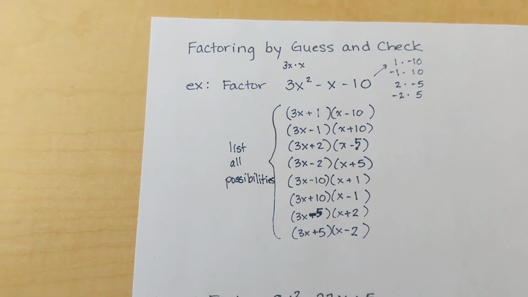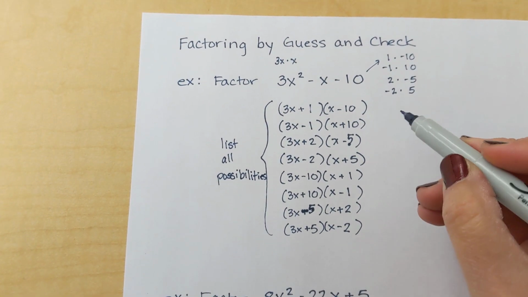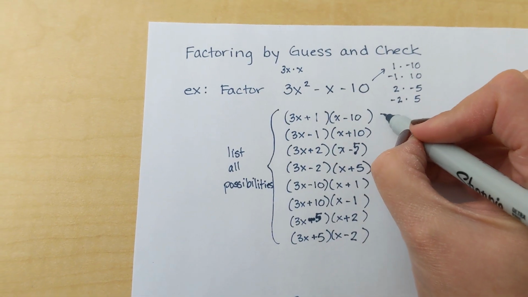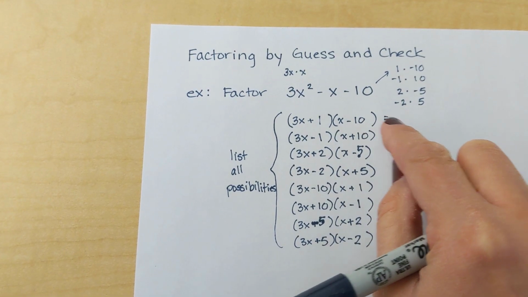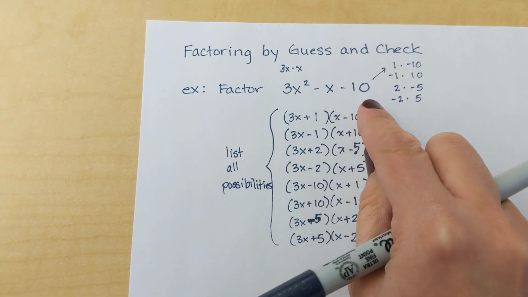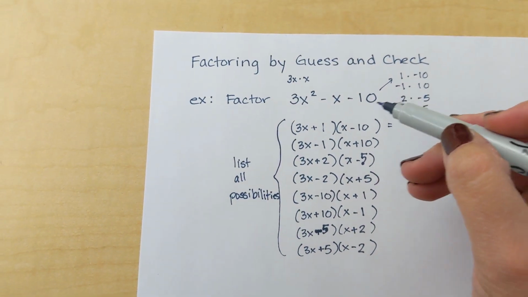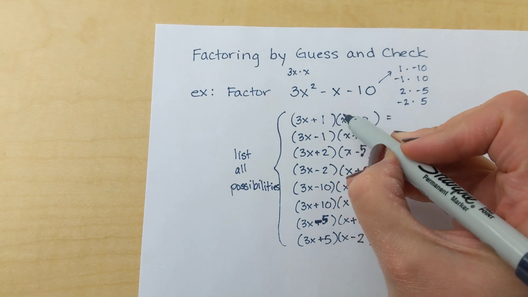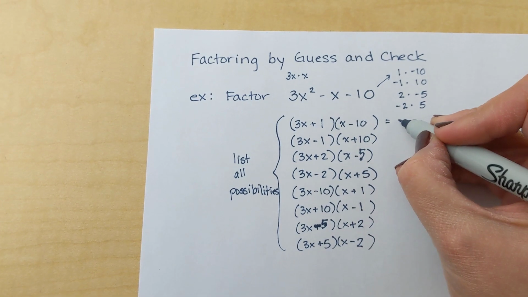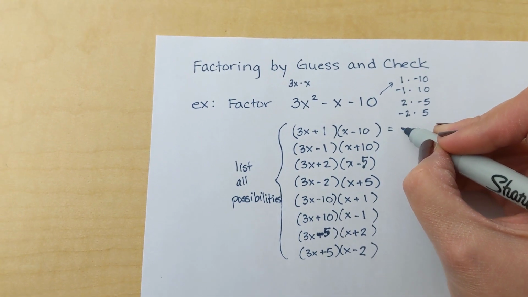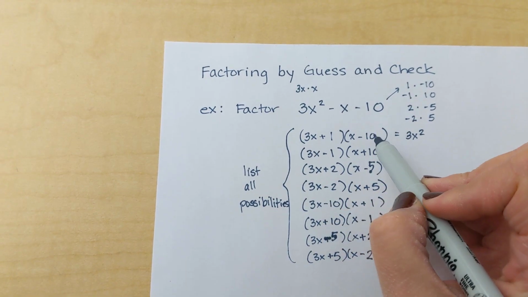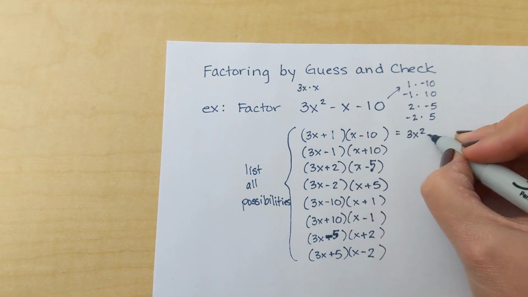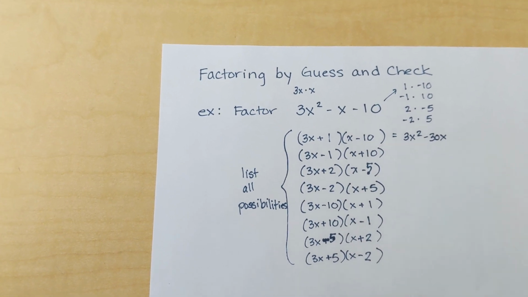After you've done that, you will use the distributive property to multiply each of these factor pairs out until you find one that is equivalent to this original expression. So when distributing, you'll multiply the first terms of each binomial. So you get 3x squared. Then you'll do the 3x times the negative 10x, which is negative 30x.